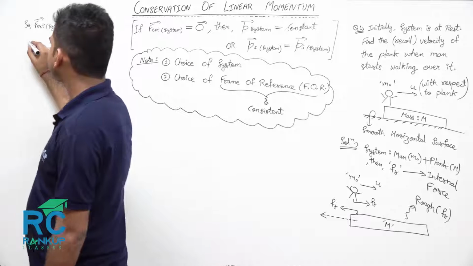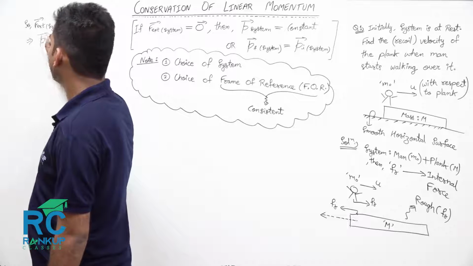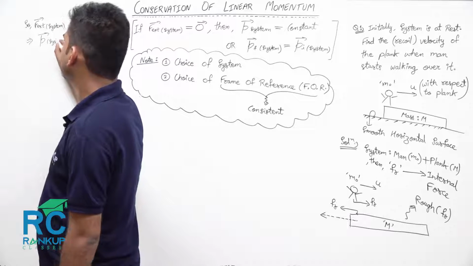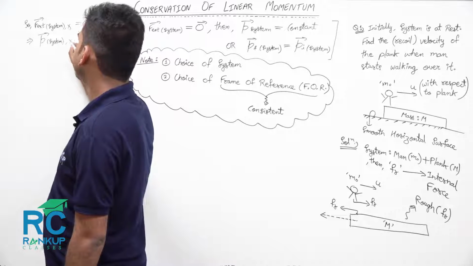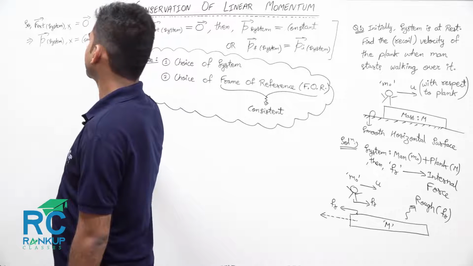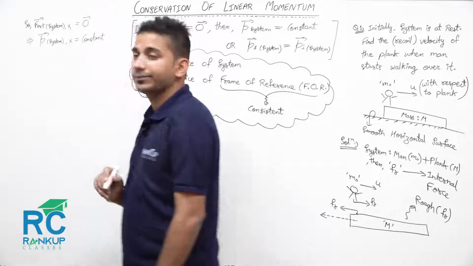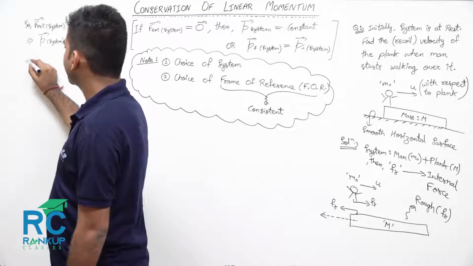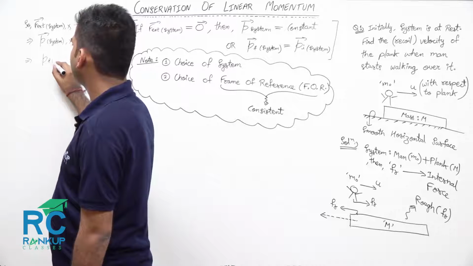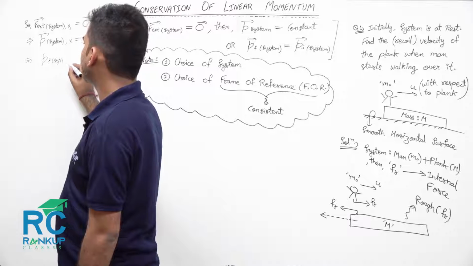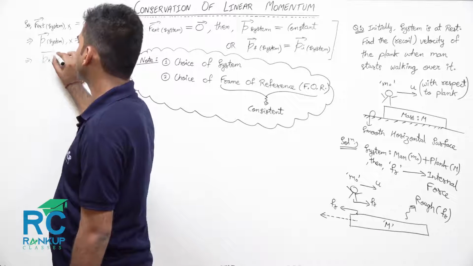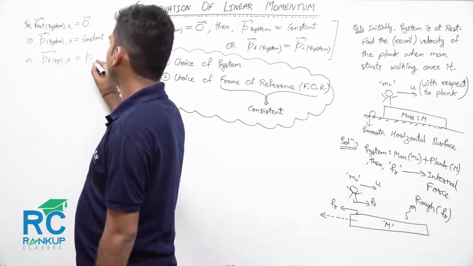In that case, we can simply say that the momentum of the man plus plank system in the horizontal direction is going to be constant. And if it is constant, can we also write that the final momentum of the system in the horizontal direction, which must be a vector quantity, has to be equal to the initial momentum?